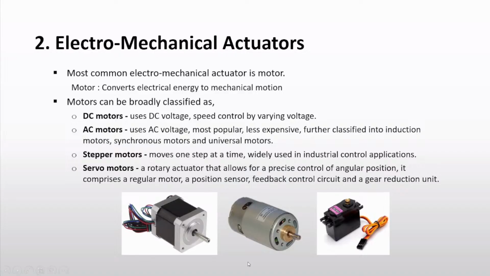The next one is the AC motor. Normally AC motors operate using AC voltage, and these are most commonly used in industry. That means AC motors are normally used in large machines because they are cheaper and robust.